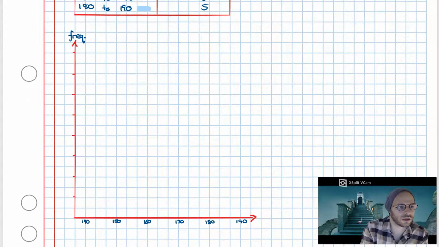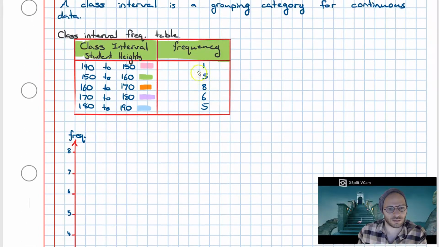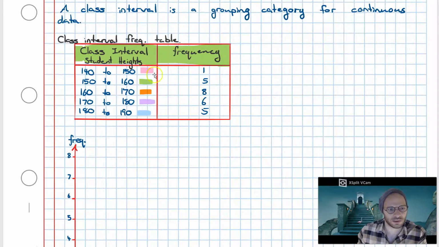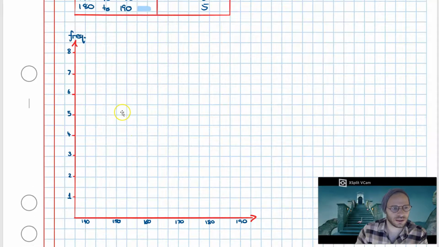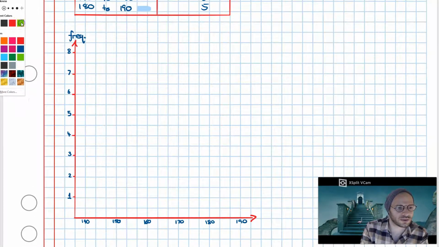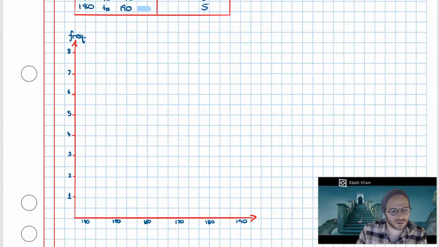Alright, that's looking okay. Now I'm going to mark each part, so 1, 8, and therefore we're able to represent the highest frequency that will occur in this histogram.